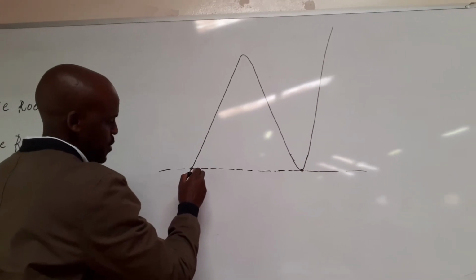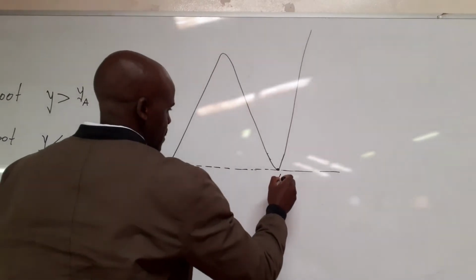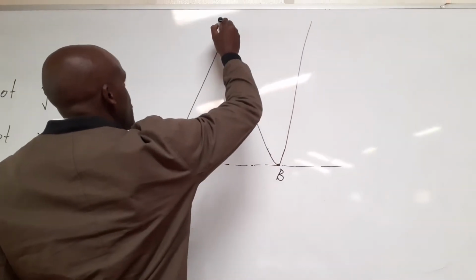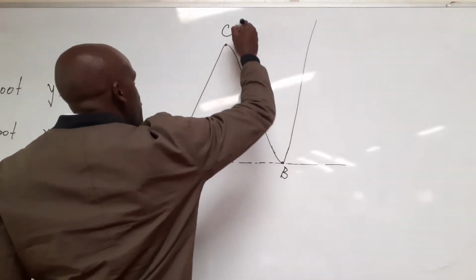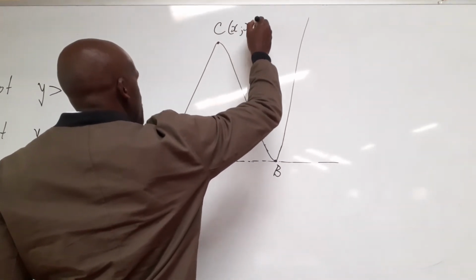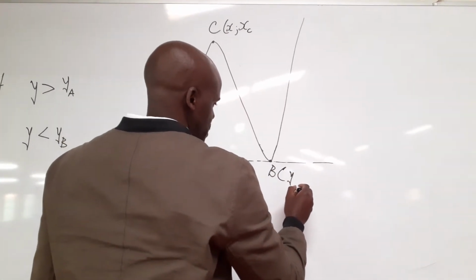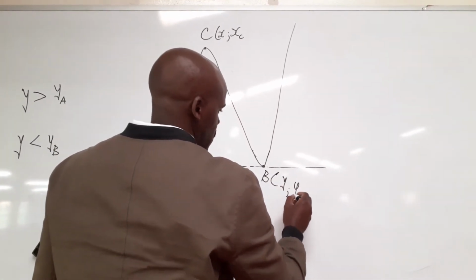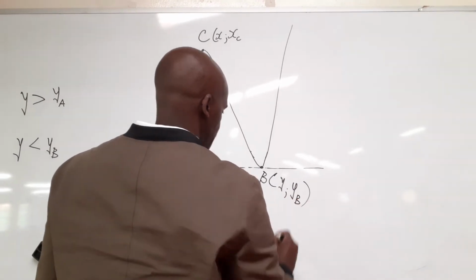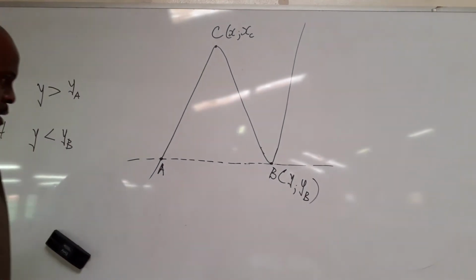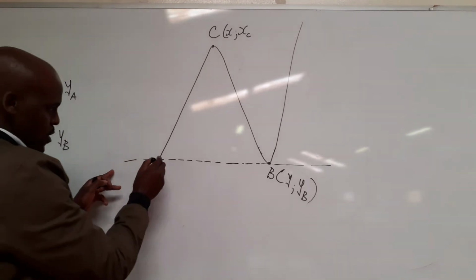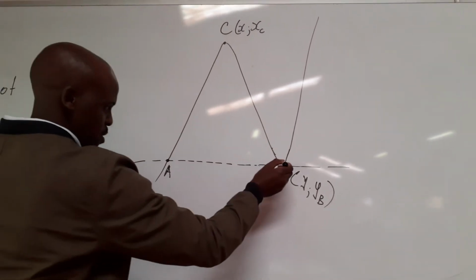Let's say this is point A, B, C. X at C, y at B. So we've got that root and also that root there.